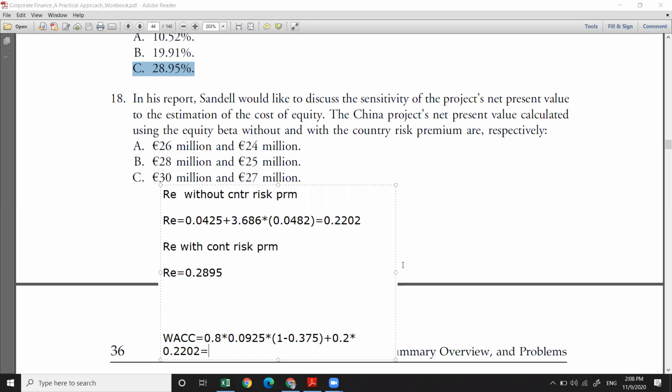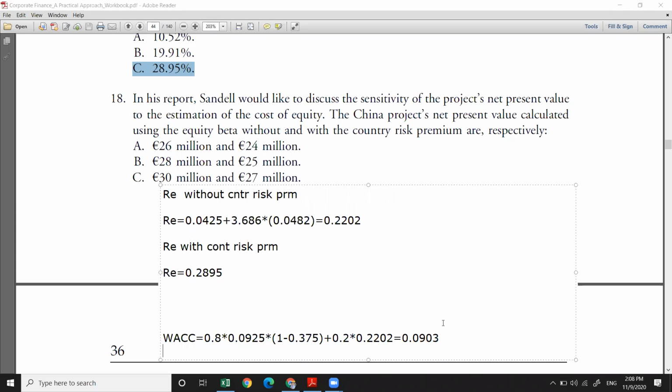That would give us the WACC without country risk premium, and it will be equal to 0.0903. Let me put it like this, without, so that we can differentiate from with.